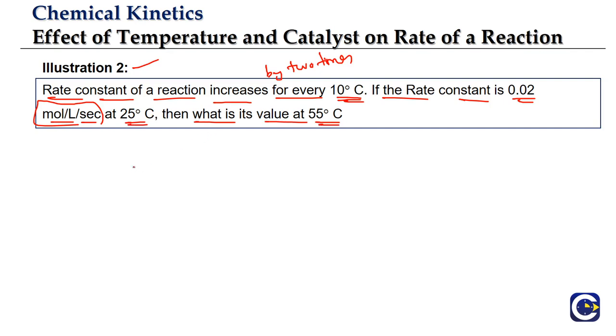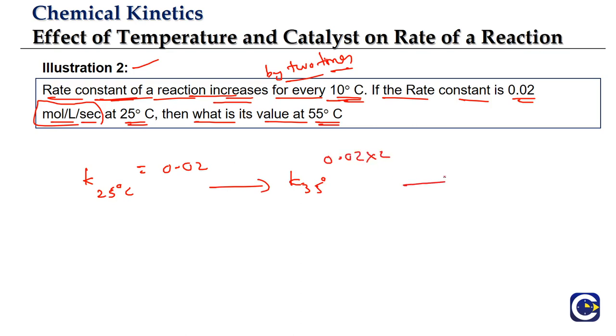The value of the rate constant at 25 degrees centigrade is given as 0.02. They are saying that the rate constant is doubling, becoming 2 times for every 10 degrees. So if we move from 25 to 35, it becomes 0.02 into 2. If we move to 45, it becomes double of that, so another 2 will come.